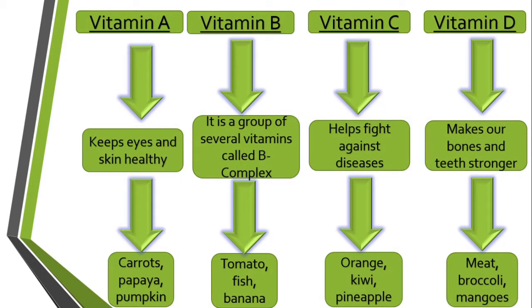So there are several vitamins, and there are around 6 types of vitamins, and those are vitamin A, B, C, D, E and K. These are the types of vitamins.